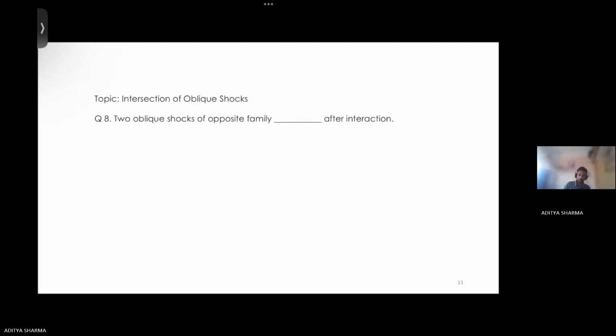Okay. So here we have intersection of same family and of different family of oblique shocks. So let's see. The first question is on opposite family of oblique shocks, right?